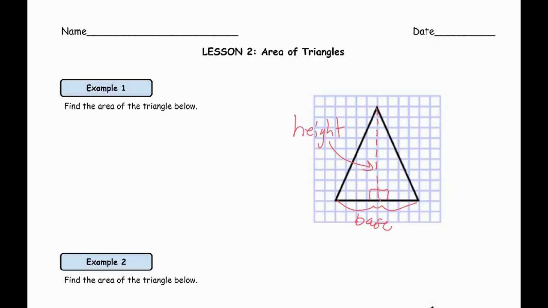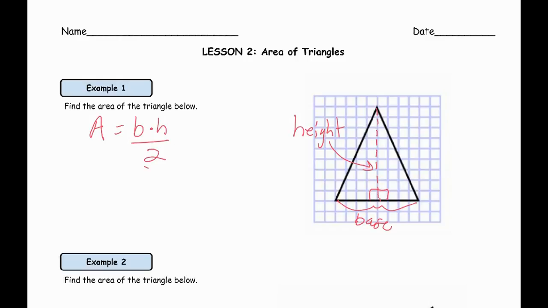Now, if you notice, a triangle is really half of a four-sided figure. And so the area of our triangle's formula can be written several ways. Area equals base times height divided by 2.